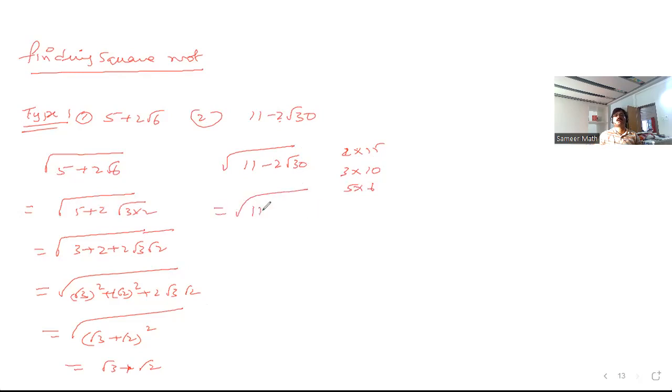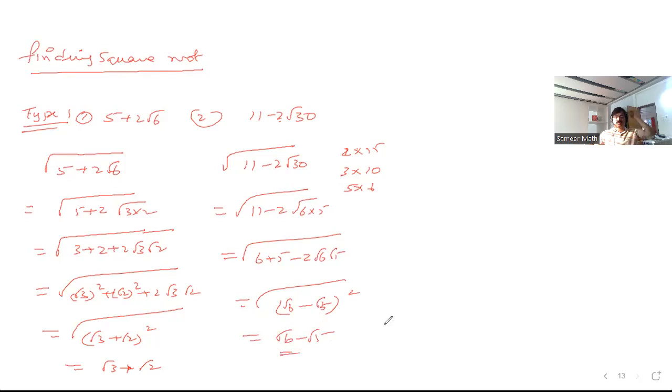You are getting here now. 11 minus 2 root of 6 into 5. Bigger one first you have to write, there is no question about that. So how much? Root 6 minus root 5, bigger one first you have to write, whole square. The result of this one is always positive. That's why answer is this number. I've taken 2 examples for this type.